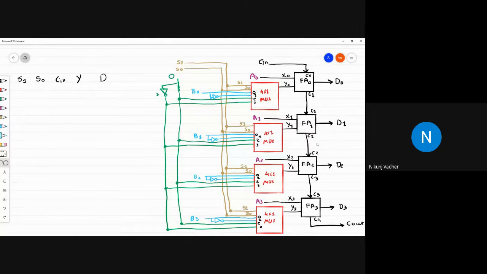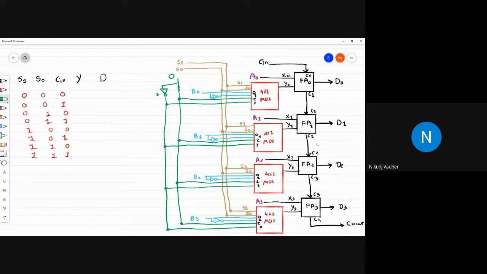Those combinations are 0 0 0, 0 0 1, 0 1 0, 0 1 1, 1 0 0, 1 0 1, 1 1 0 and 1 1 1. Okay, so total 8 combinations are there.